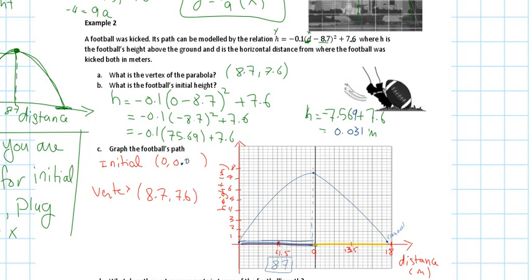Why did you change the decimal? Over there, you see 75.69, but when you multiply it by negative 0.1, that's what it becomes. Oh, okay. It's just me when I was writing, I missed that 9. Okay? All right.